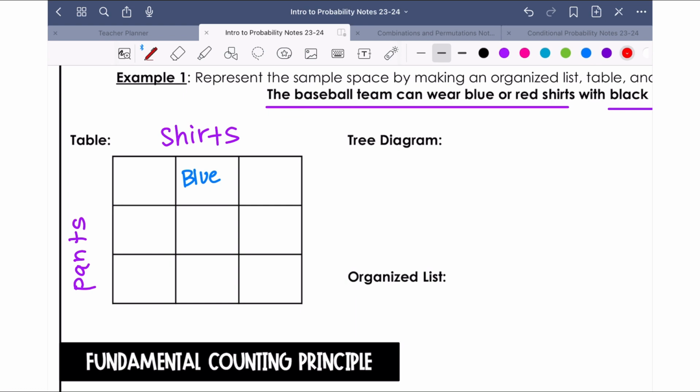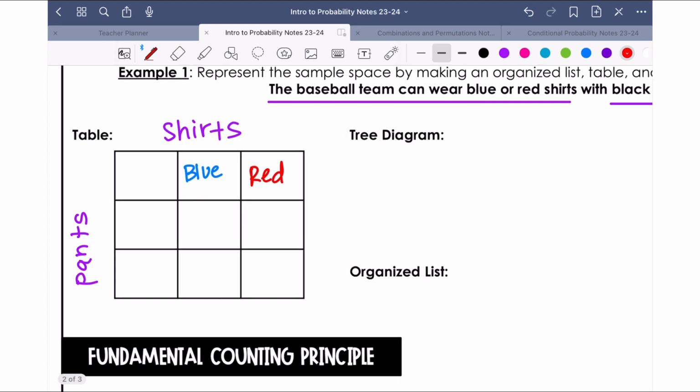Okay, and then for pants, they can either wear black or white. I'm just going to use orange, black or white. Okay, those are our options.